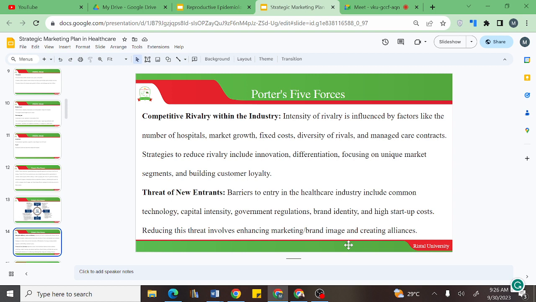So when we talk about competitive rivalry within the industry, you look at the number of hospitals around the geographical location where you're interested. How are they operating? So what is the competition?